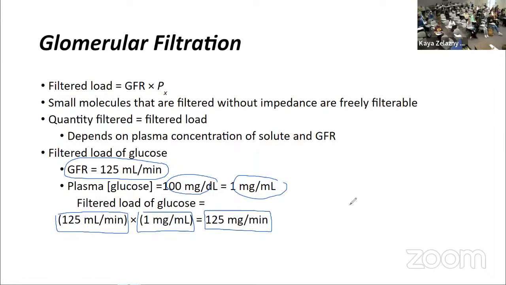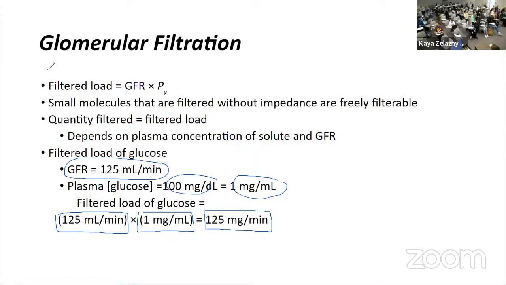Our filtration fraction is just a fraction or a percent of the total plasma flow to the kidney, to the nephron. So under this normal condition, about 20% of your plasma is ending up filtered into our kidney.